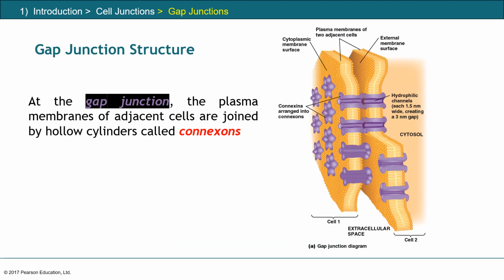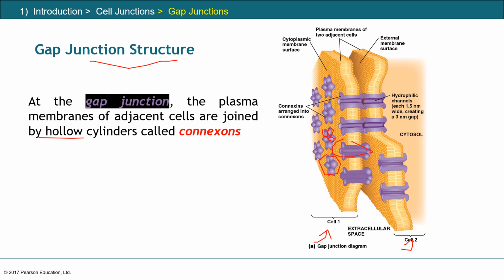In this slide, I just want to show you the structure of the gap junction. Here you have, again, cell 1 and cell 2. I want you to see that these look like a flower. Each one of these flowers is a connexon, which is formed from connexin. Each one of these proteins is a connexin, and it forms a hollow cylinder.